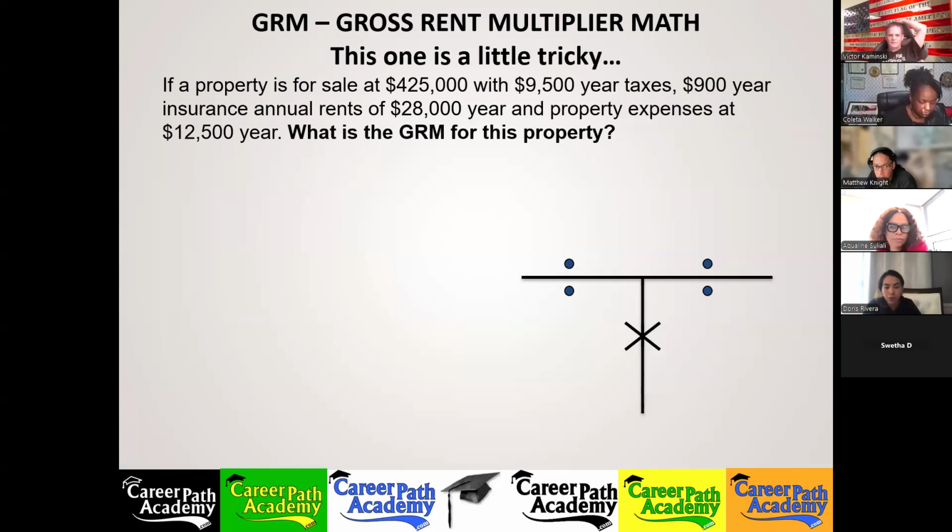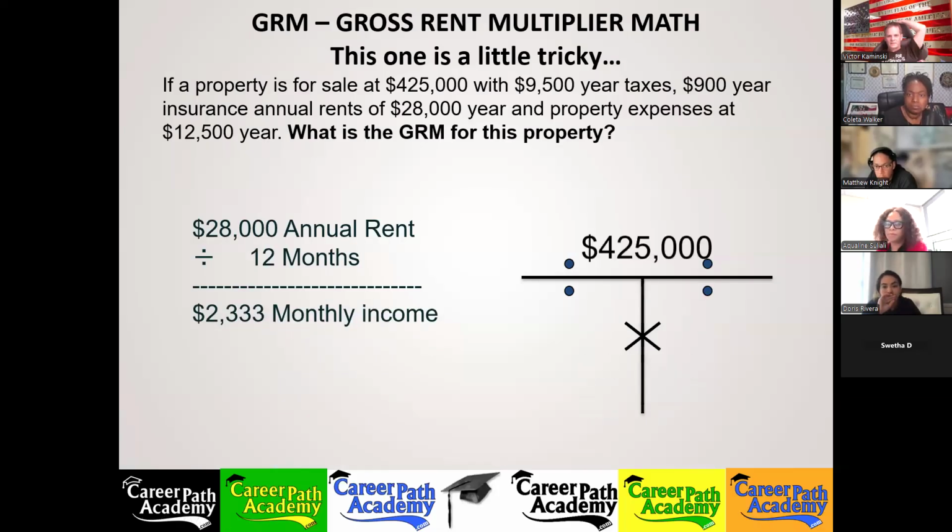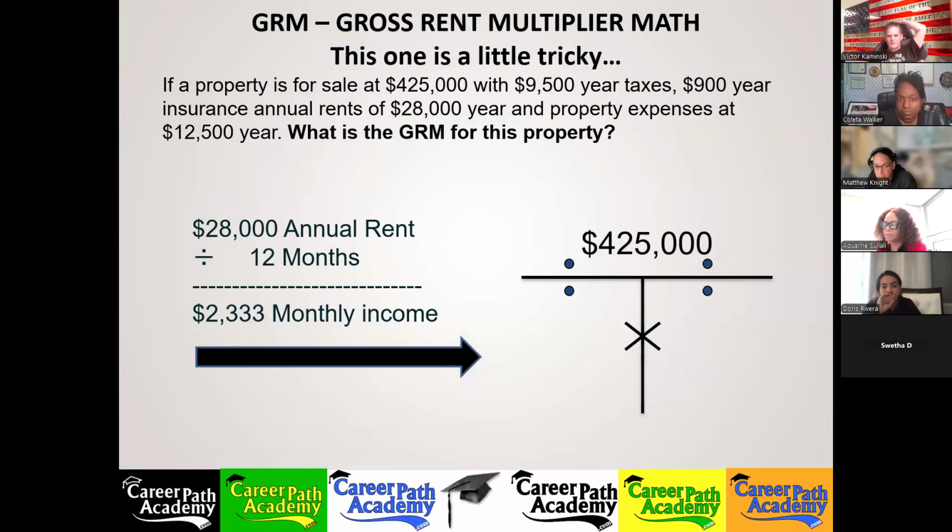So you divide it by 12 and you get 2,333.33. Okay. And then what's the GRM for this property? $182.17.